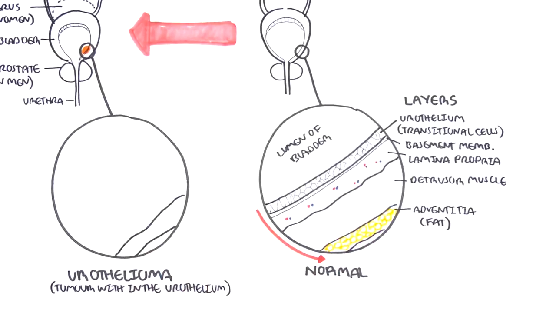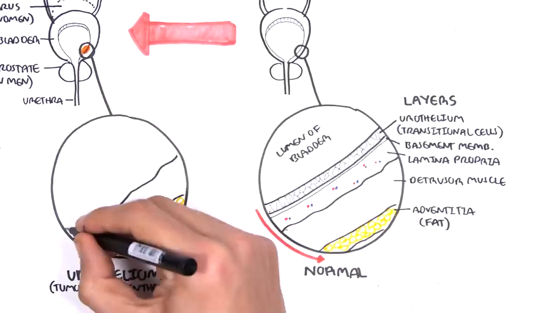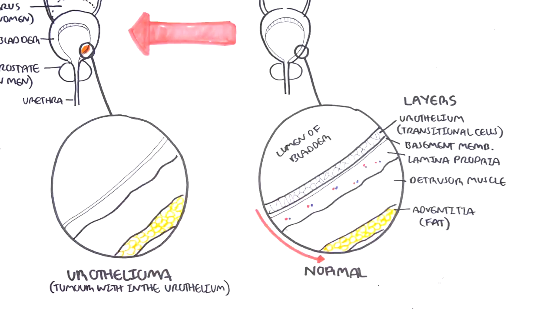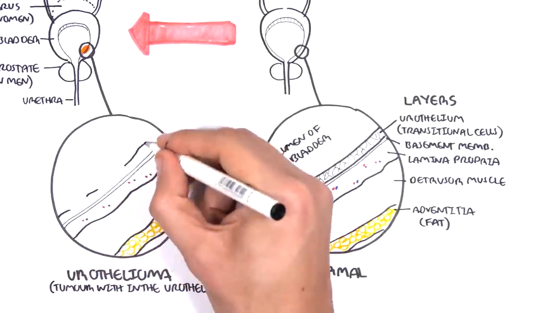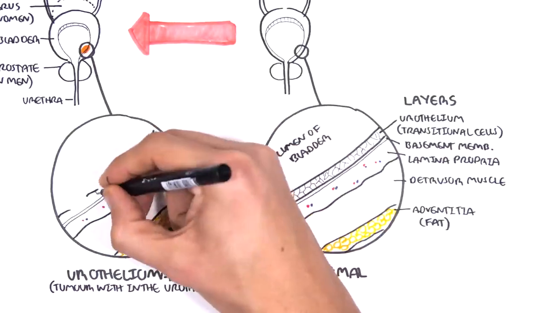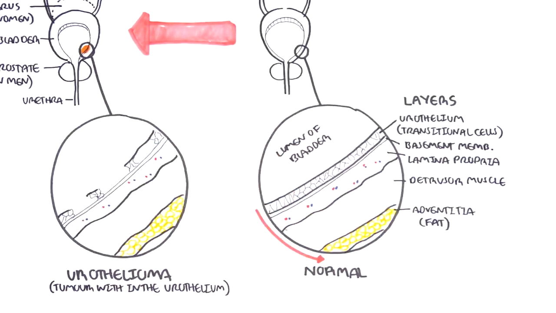The cells within the urothelial layer, which are made up of transitional cells, can evolve and mutate due to several factors, and this will lead to abnormal cells and then progress to urothelioma or transitional cell cancer. Now there are a few types of urotheliomas.